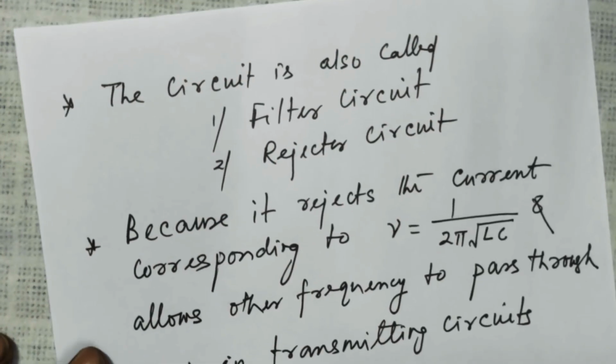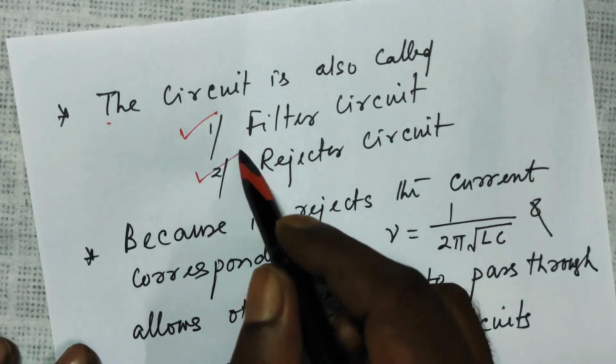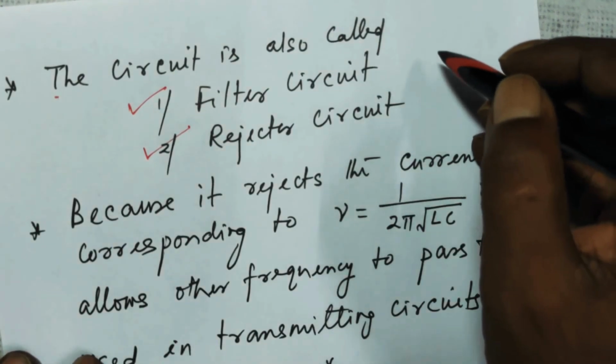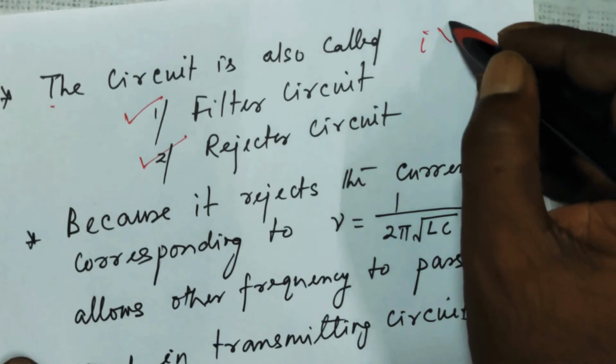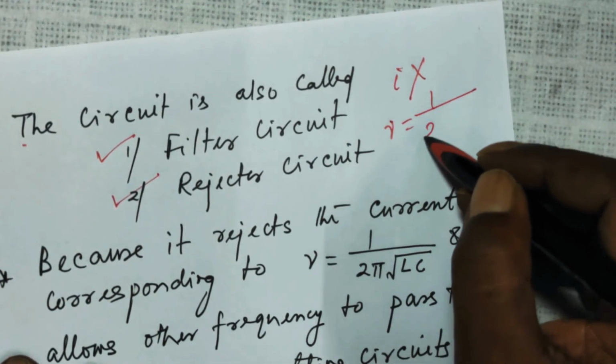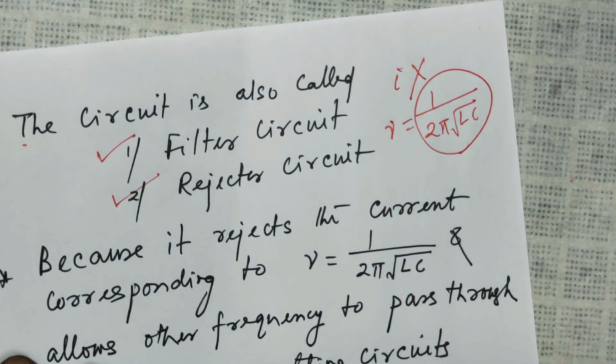Now, such a circuit is also called a filter circuit, also called a rejector circuit. Means it does not allow I to pass through for this frequency, nu is equal to 1 by 2 pi square root of LC. So how interesting.